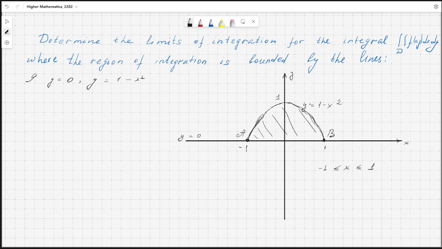Y changes from y is 0 from this line to y is 1 minus x squared to this line.